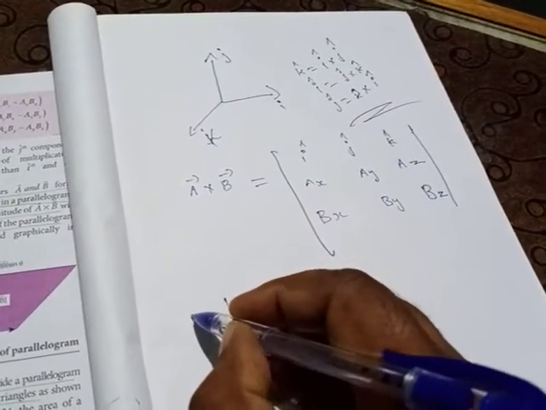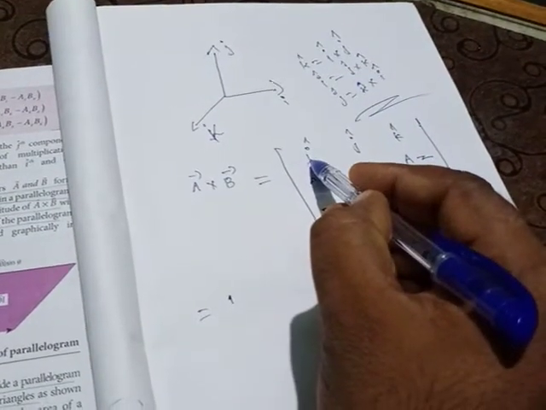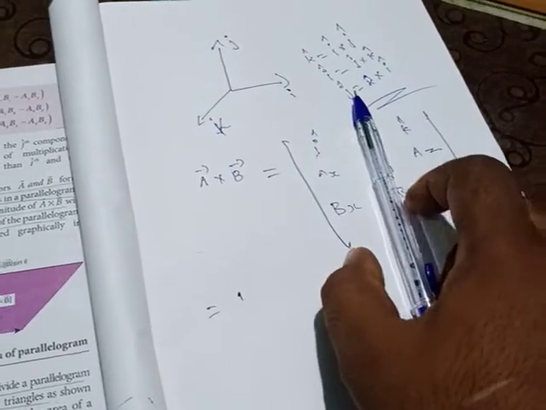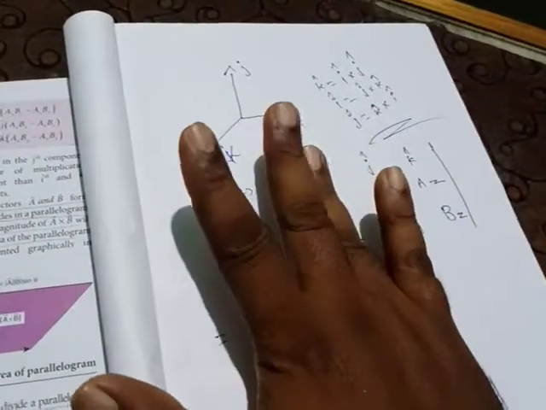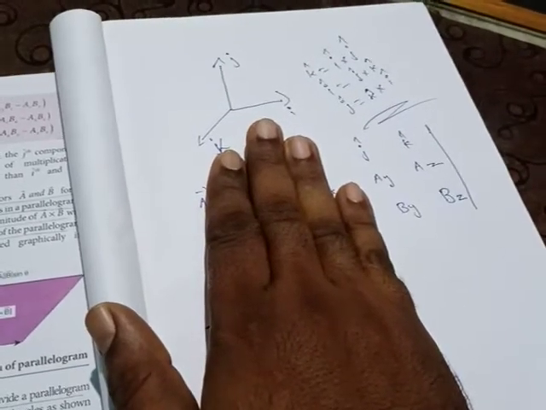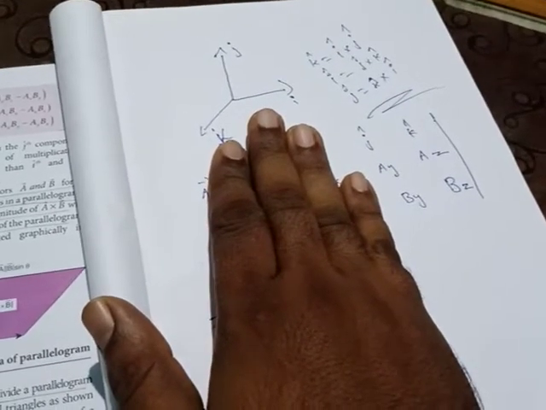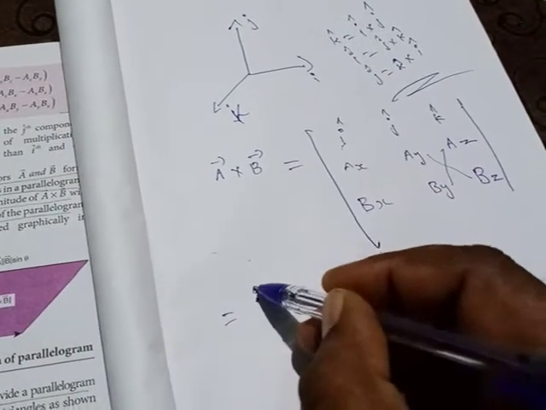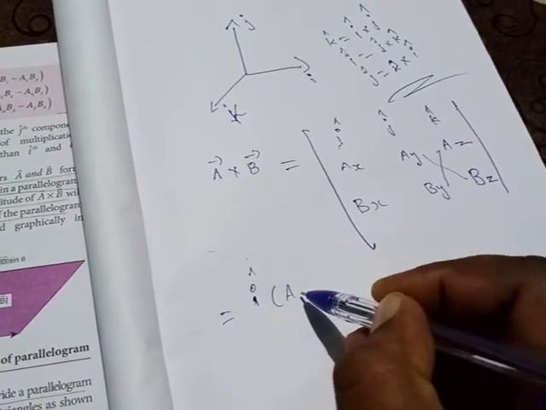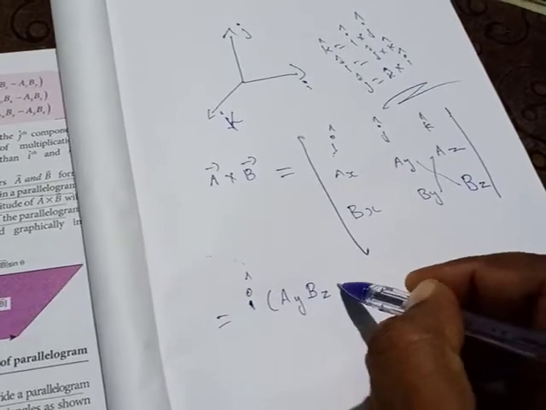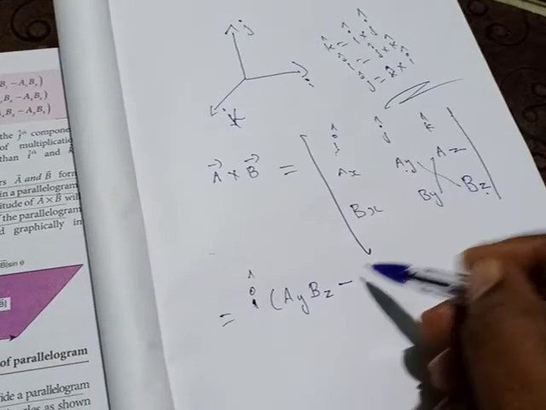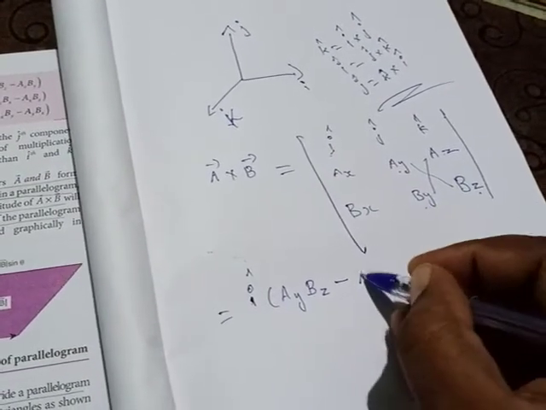When you are taking I, you take the cross product of these four values: I unit vector into AY BZ minus AZ BY.